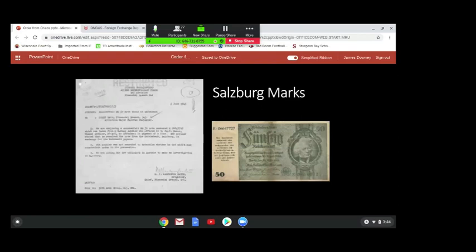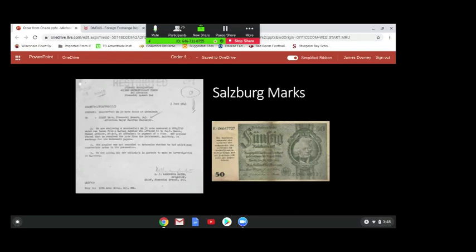And then we have what I refer to as the Salzburg marks. This is my favorite series, just because of the way that they're discovered from the military government standpoint. The letter that's attached here is from 5 June of 45, and it's a request up to the financial branch at SHAEF saying, please tell us about this 50 mark note.